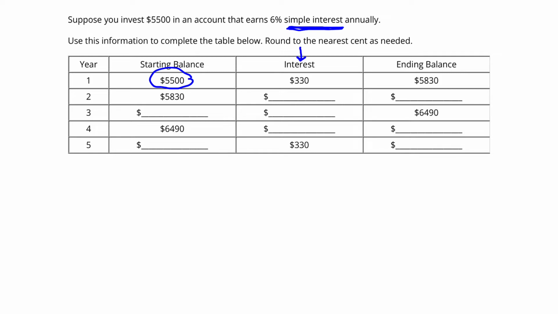The interest, do you remember our formula for interest? Interest is principal times rate times time. So if we have a starting balance of $5,500, that represents our principal. So interest is $5,500 times our rate.